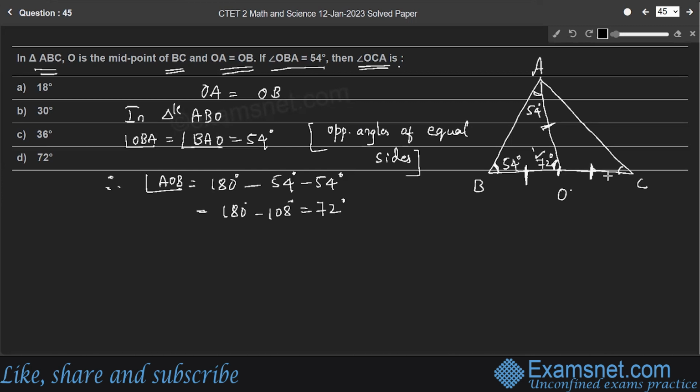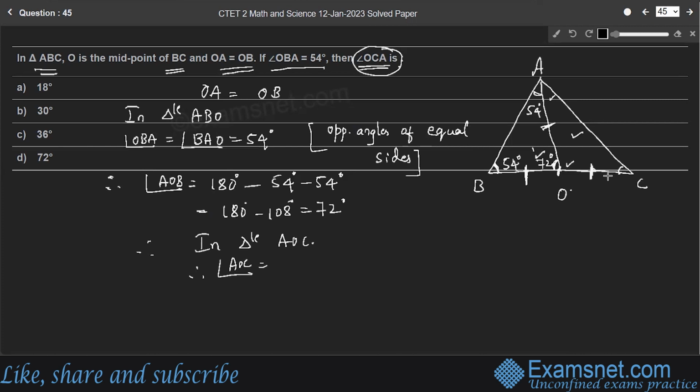To find ACO or OCA, we need the other two angles in triangle AOC. Therefore, in the second triangle AOC, what is the measure of angle AOC?